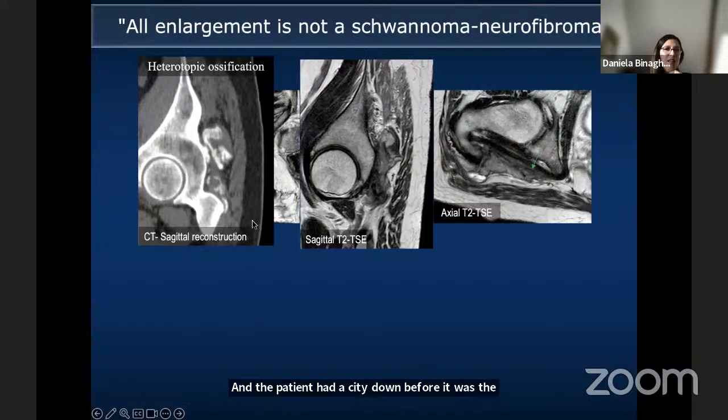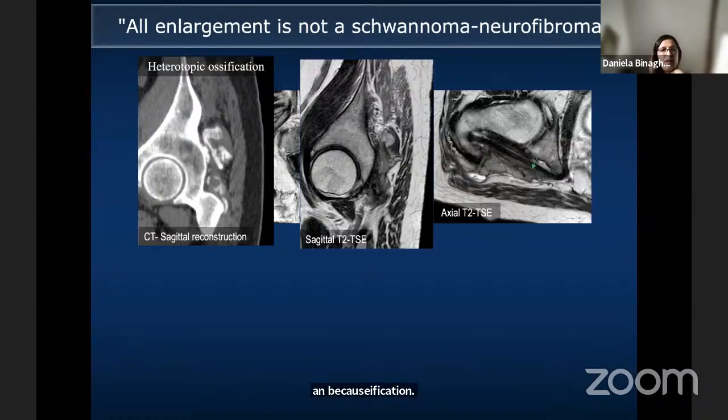I asked for the images again, and as you can see, there were all these calcium deposits, and the histology was a heterotopic calcification. So there are some pathologies that might not come right away, but you need to think and at least have it as a differential diagnosis.